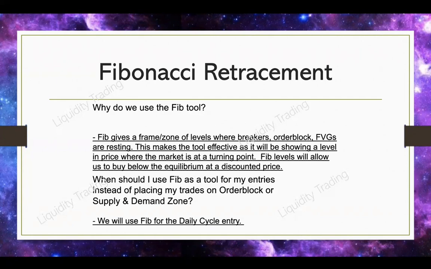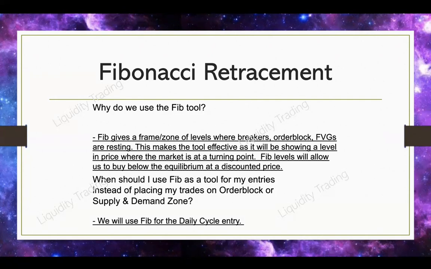Now, a Fib retracement can give us a good framework of where the market will most likely reverse on a retracement and give us an entry level at order blocks and breakers. Now, Fib retracement is not enough alone as a tool to only trade off Fib levels.